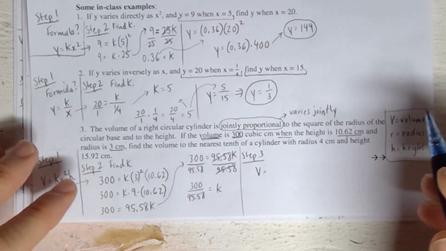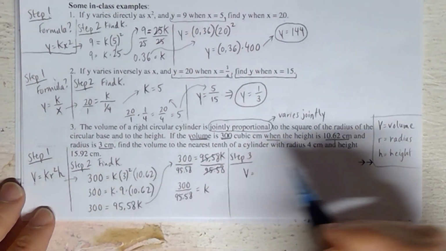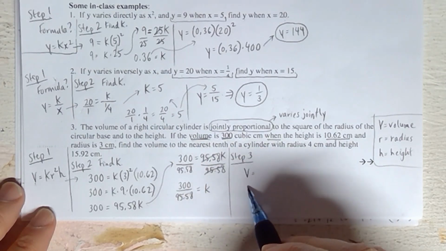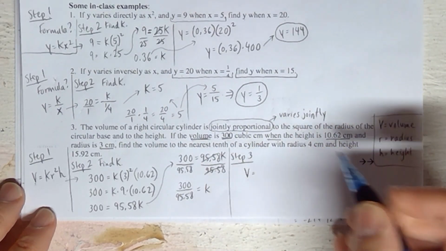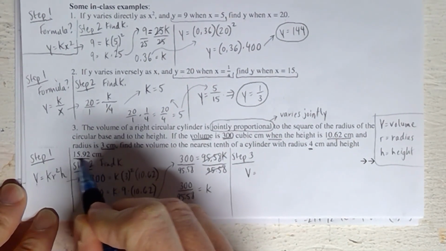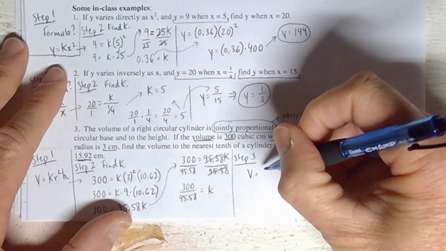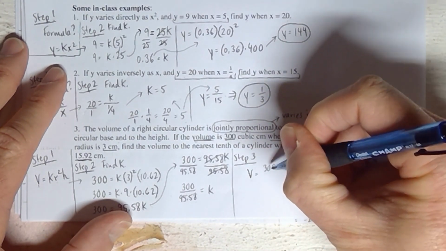All right. We now know what K is, so we can plug that into the formula. It then says, hey, what is V? So I brought down the V. What is V when the R is 4 and the height is 15.92? Again, calculators are going to be very helpful here. What we do, like always, is we put our K at the end of the problem.